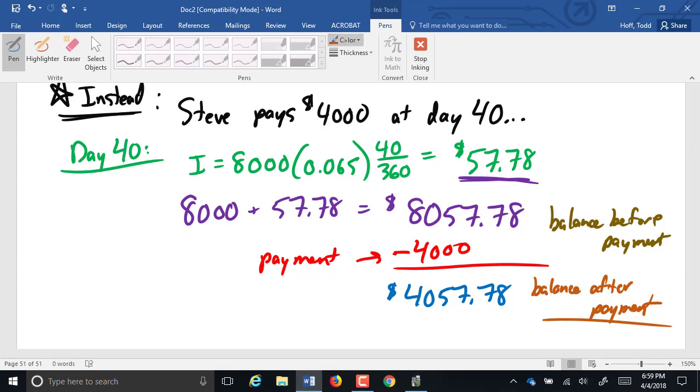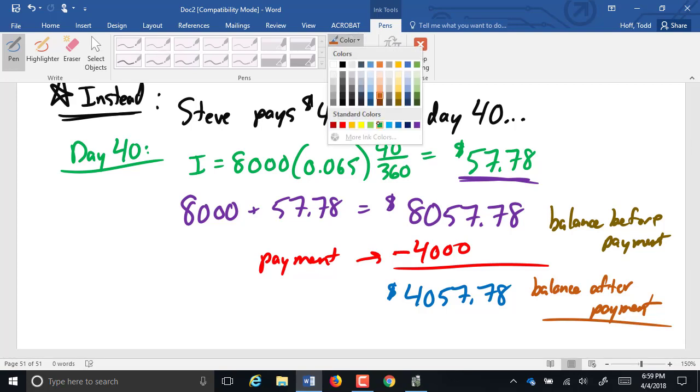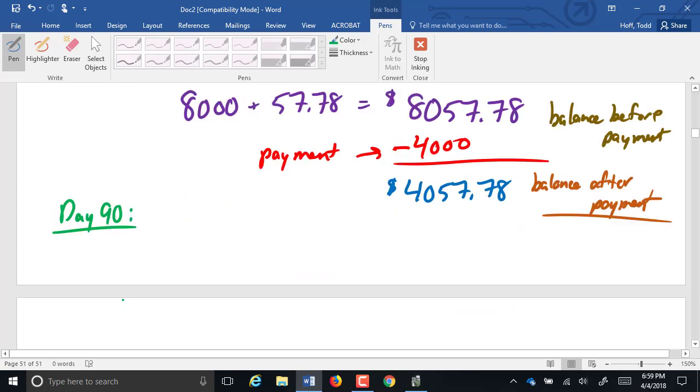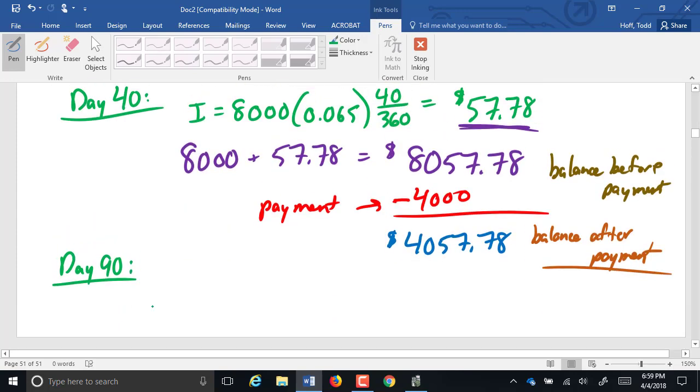So now what's the balance due at the end going to be? We're going to go to day 90. That's the end of it. It's a 90-day loan, right? Well, our interest is going to be figured off of that $4,057.78 times 0.065 still, times, is it going to be 90 over 360?